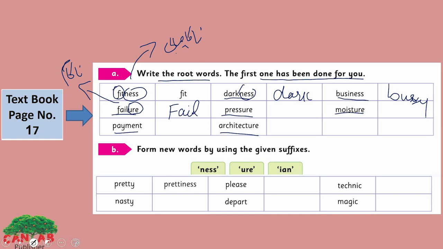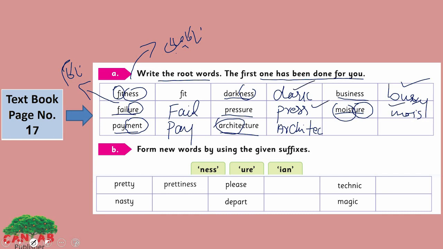Pressure becomes press. Payment becomes, if we remove ment here, it will become pay. Architecture becomes architect only. If we remove ure from it, it will become only moist. All these words written here have their own meaning. And if we add the suffix word to it, it changes its meaning.